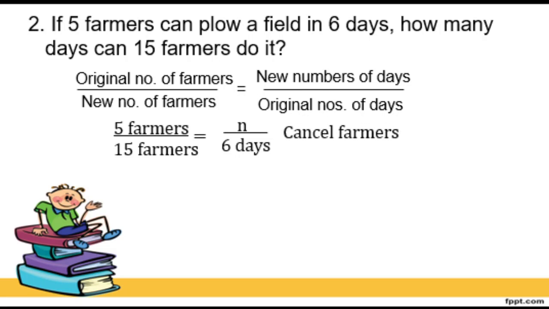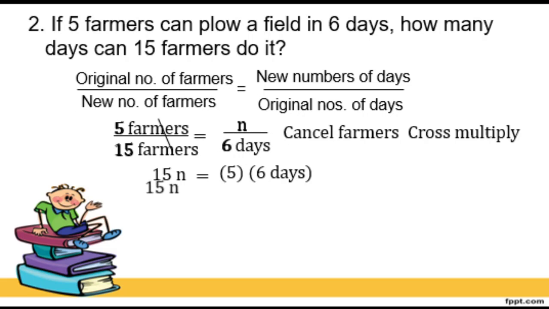If you will notice, even without a cross product, 15 and 5 and 15 are divisible by 5. So you can cancel, then cross multiply. So you have 15 times n equals 15n, equals 5 times 6 days, which is equal to 30 days.